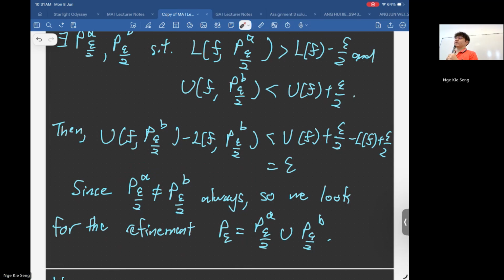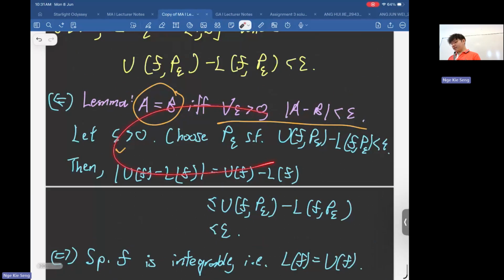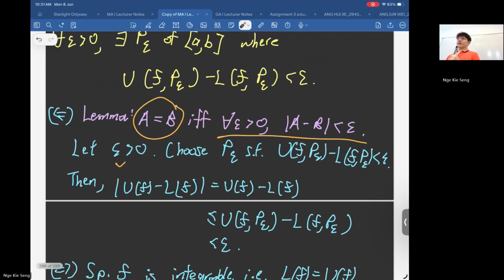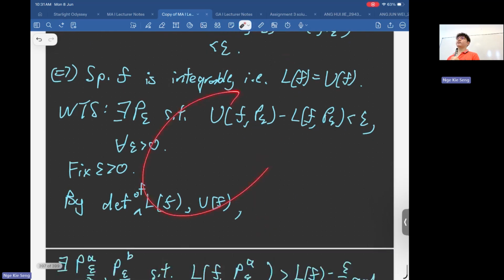The previous one, I don't even need to know what integration is. I could give the first half as a midterm question. But for the second half, we really need to establish some property of refinement first. Only then can we prove this. So that's why I said this is hard, because it's new stuff. Does it make sense?